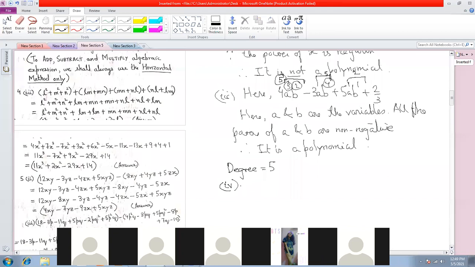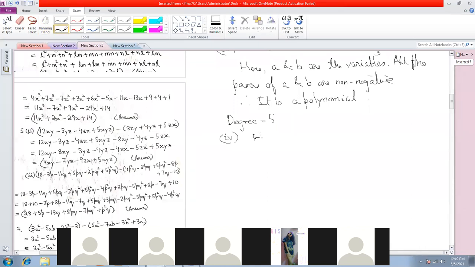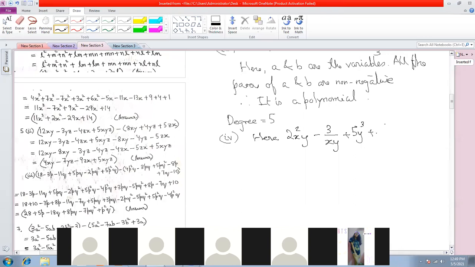Last one, 3 part 4. The question here was 2x square y minus 3 by xy plus 5y cube plus root 3. Okay. Now you see x and y in the denominator.